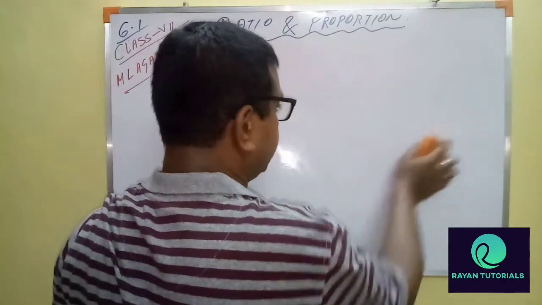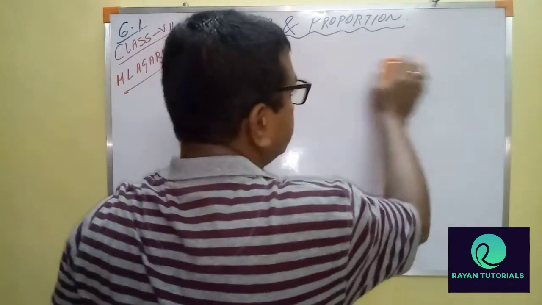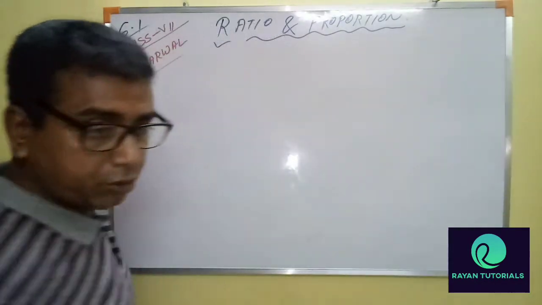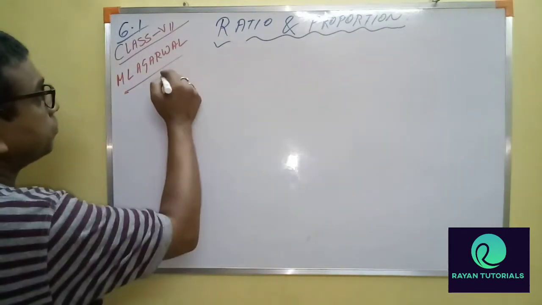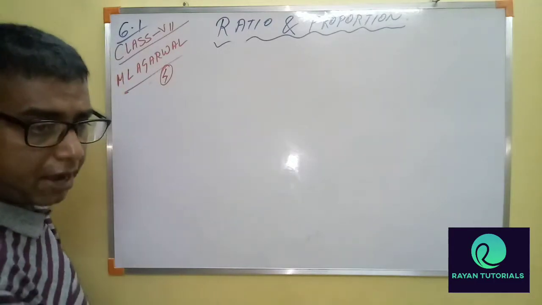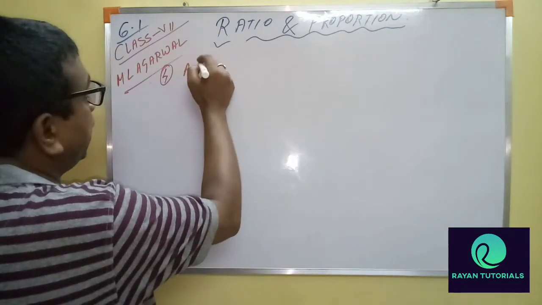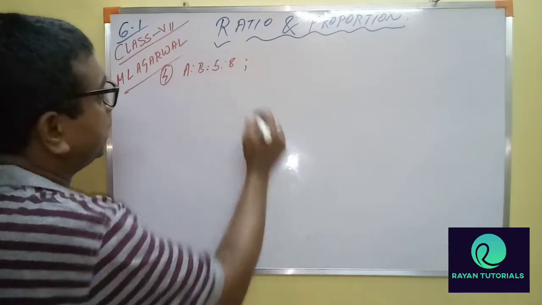Now let's enter into the problem sums. Okay, one more sum I do it for you. Number 4. A is to B equals to 5 is to 8.